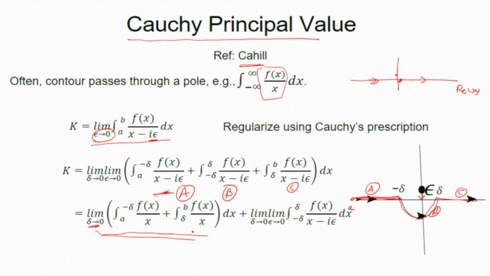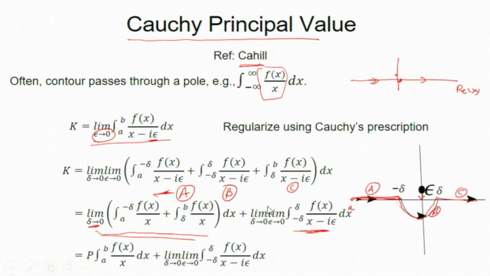And this part I am going to compute by complex integration. Right now I generalize x to a complex variable and I am going to do this second part using complex integration.